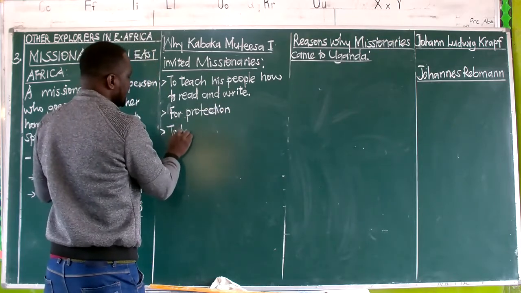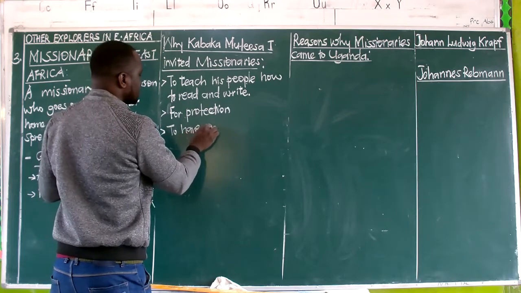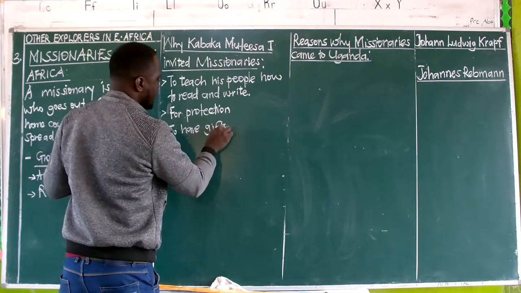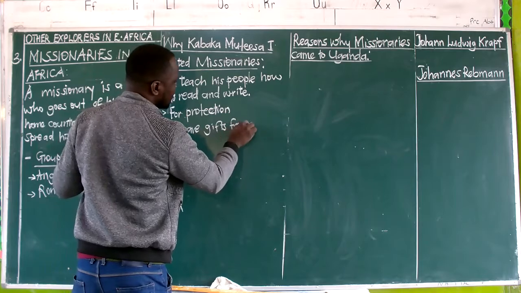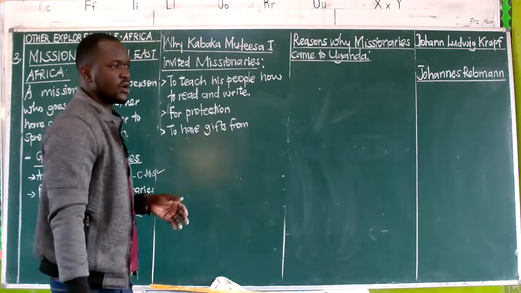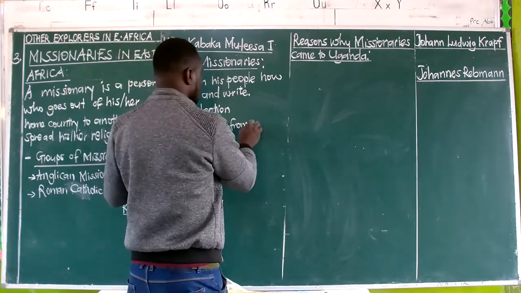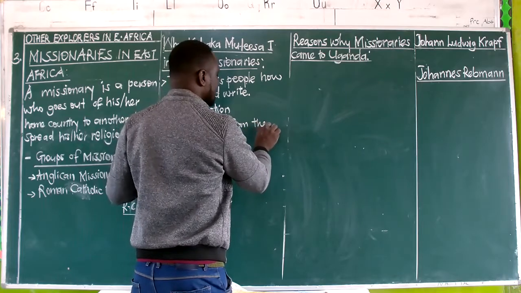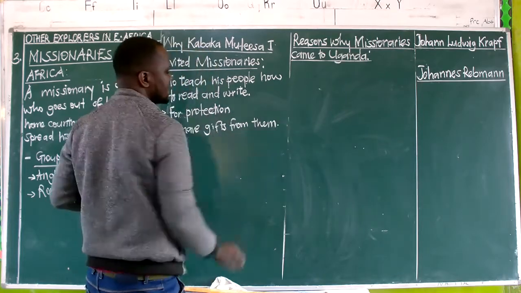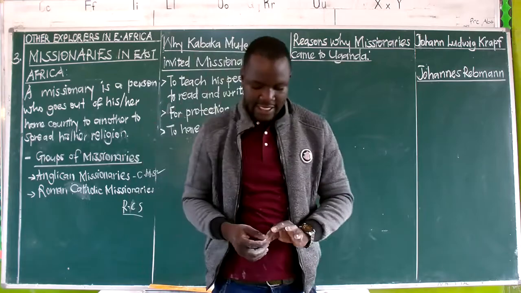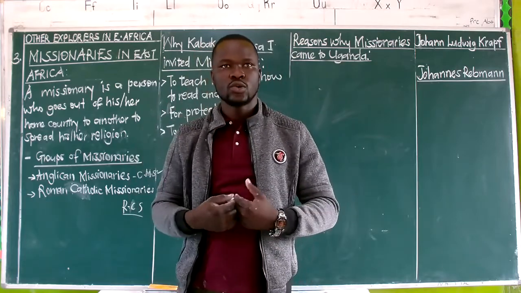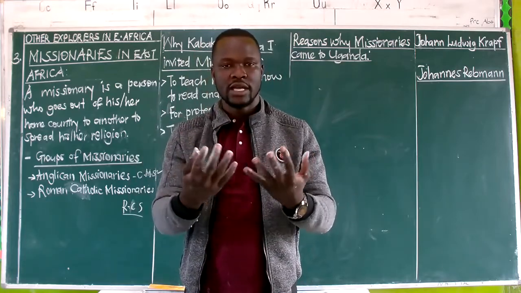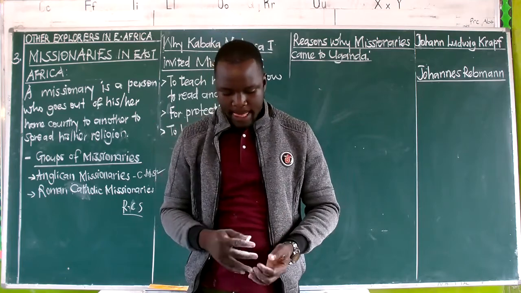That is another one. He hoped to have gifts from them, since they were from powerful or rich countries. So these are the reasons that made the king want the missionaries to come to his kingdom.